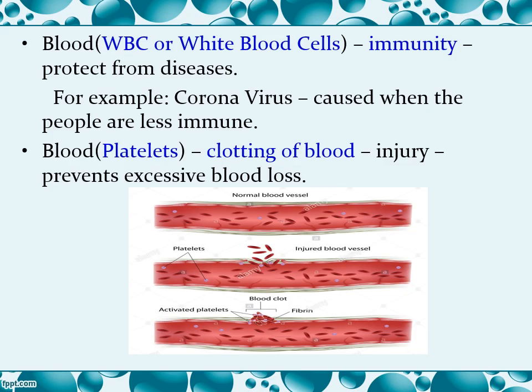It transports nutrients to the different cells from the digestive tract for growth and development. It carries waste products from different body parts to the excretory system. It maintains body temperature. It protects us from diseases and it provides immunity to the body. The blood helps in clotting of blood at injuries. Thus, it helps to prevent excessive blood loss.